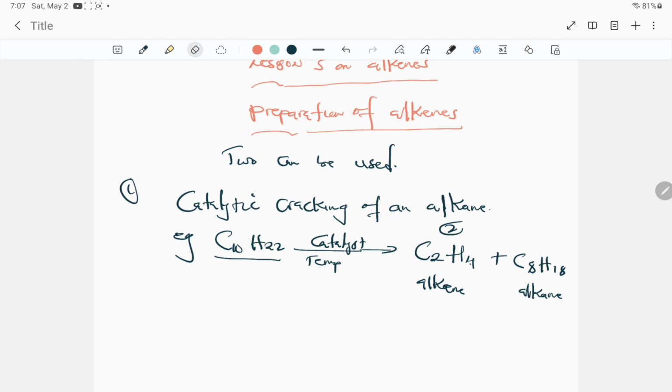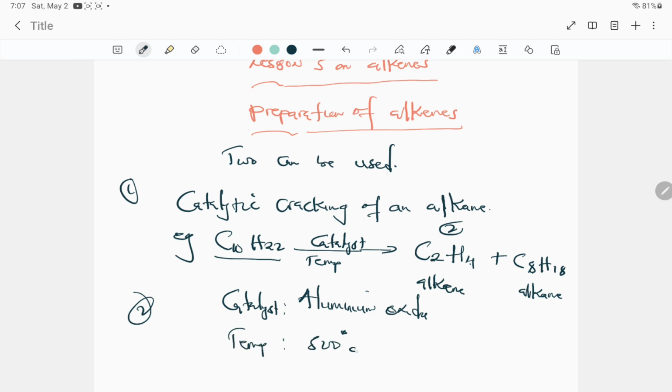Of course for the catalyst, we use aluminium oxide. Then the temperature is supposed to be 500 degrees Celsius to 600 degrees Celsius.